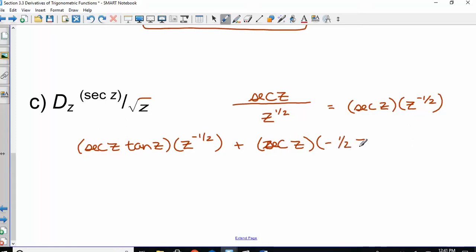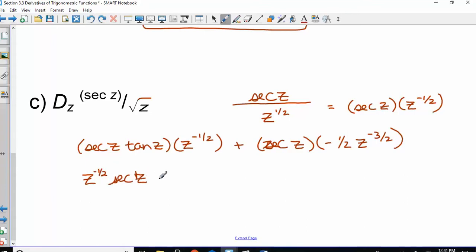So that would be -1/2 z to the -3/2. Not much you're really going to be able to do to clean this up. If you want to put your z in front here, you can.